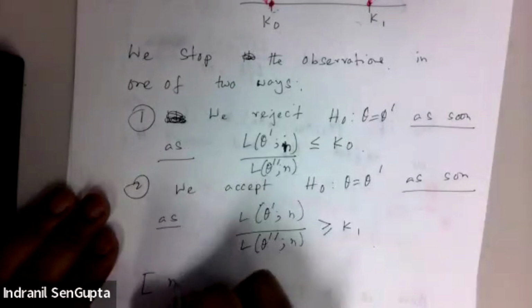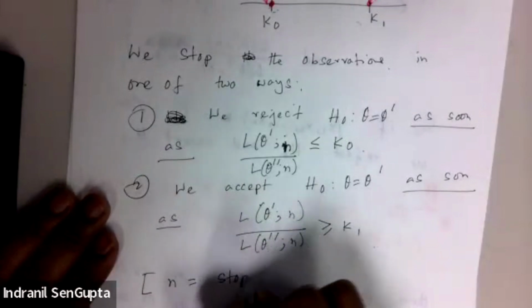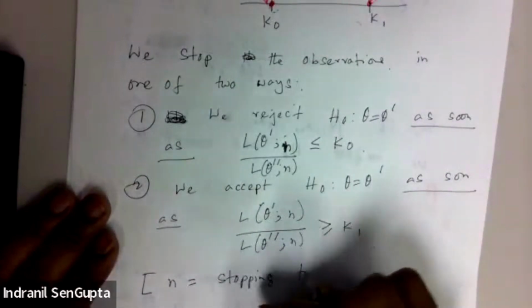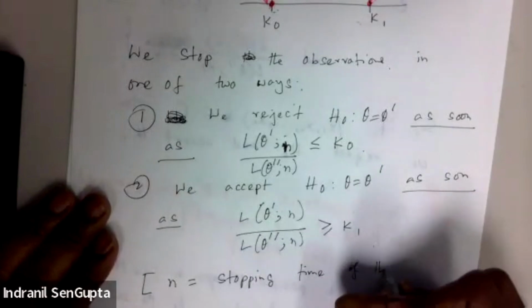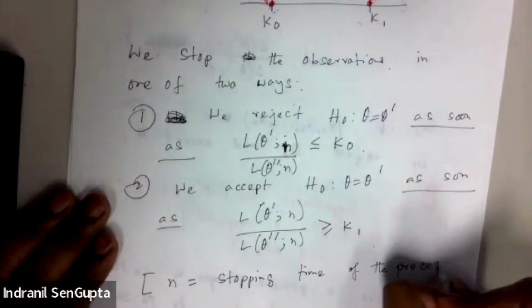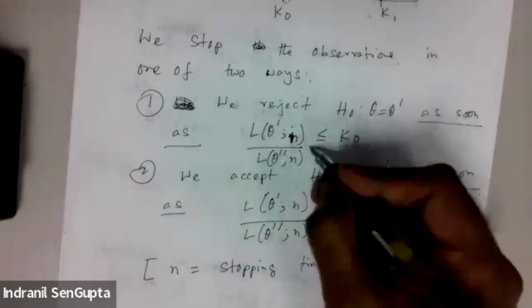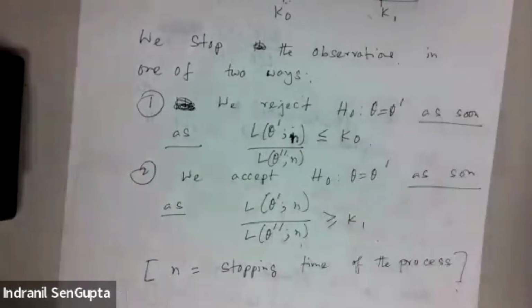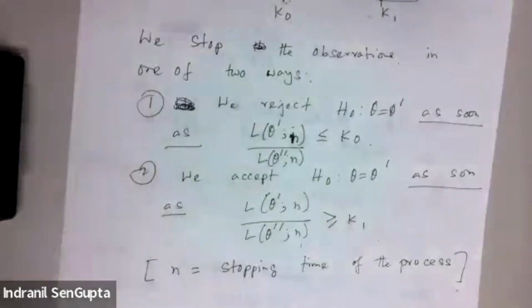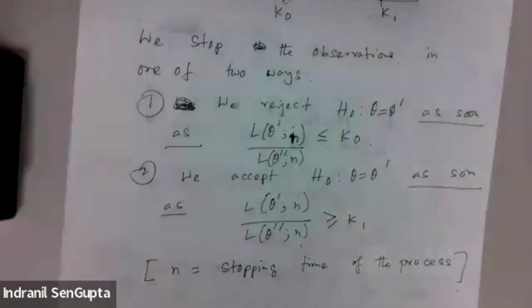So n is the stopping time of the process. We are stopping the process at time n. As soon as we get an observation satisfying one of these two properties, then we stop there.